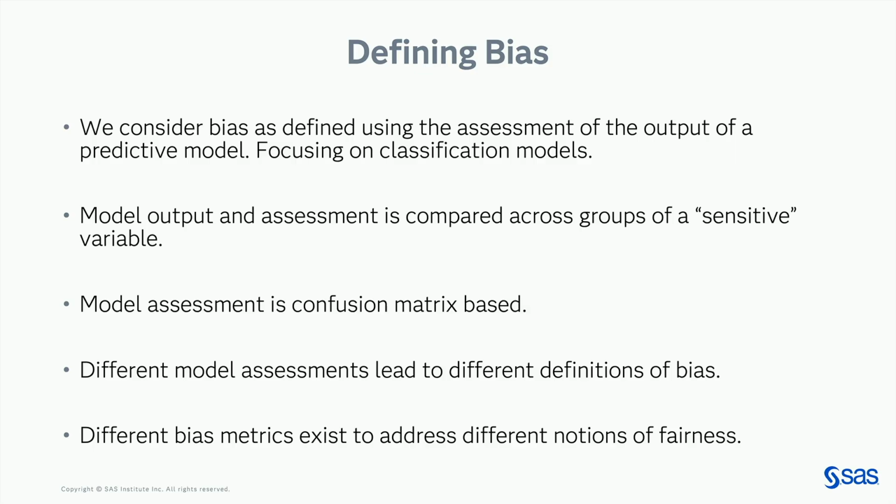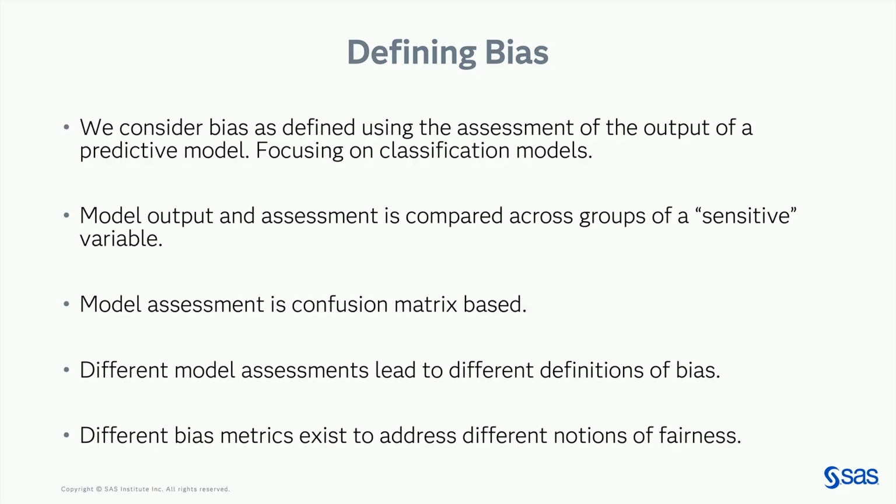Different model assessments lead to different definitions of bias, right? So if you think about your model assessments, there's the model accuracy. You might think of your type 1 error, your type 2 error. When you think of those different types of errors when looking at a model, those actually lead to different mathematical definitions of bias.